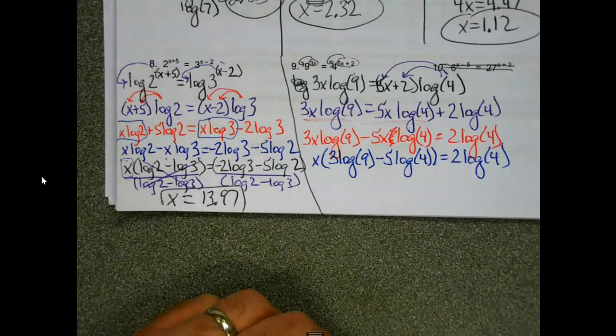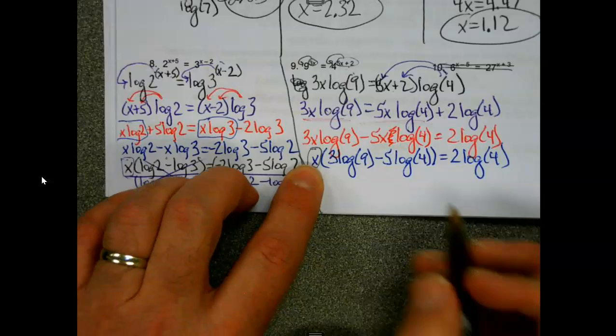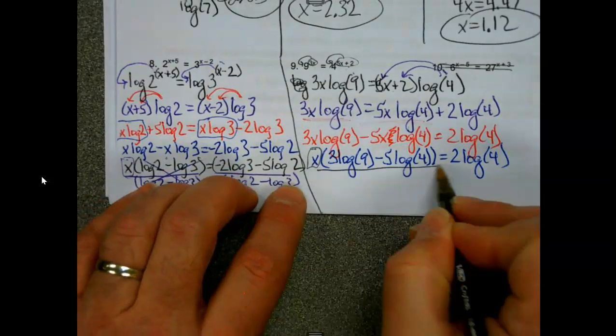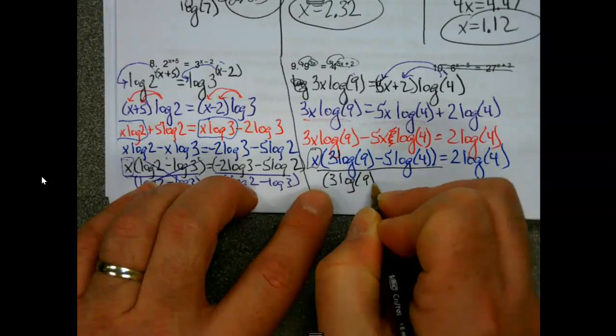And we're almost to the end. There's what I want to solve for. I'm multiplying by all this stuff, so I'm going to divide by all this stuff.